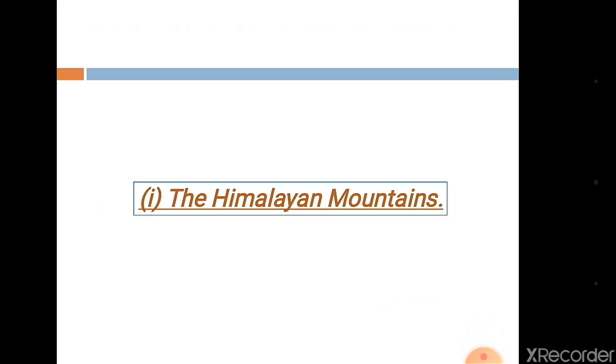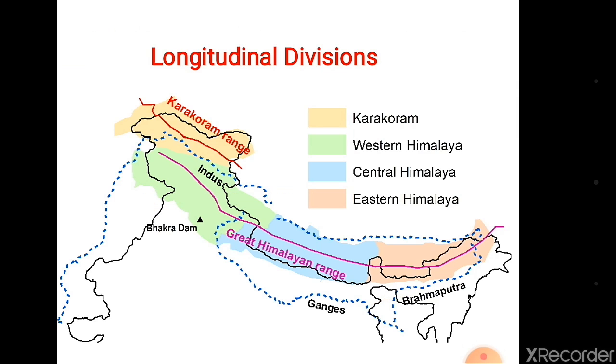The first major physiographic division we are going to study is the Himalayan Mountains. Himalayan mountains are divided in two ways: the longitudinal and with the border of the rivers.